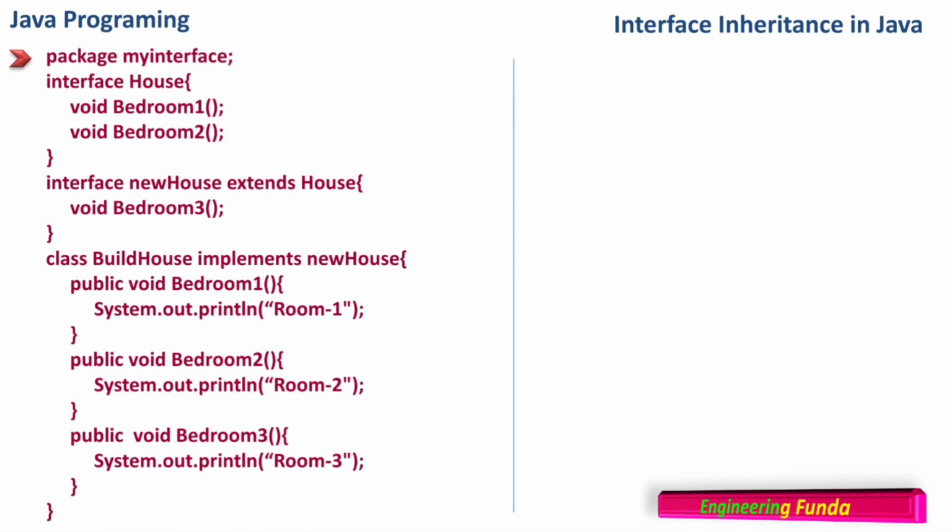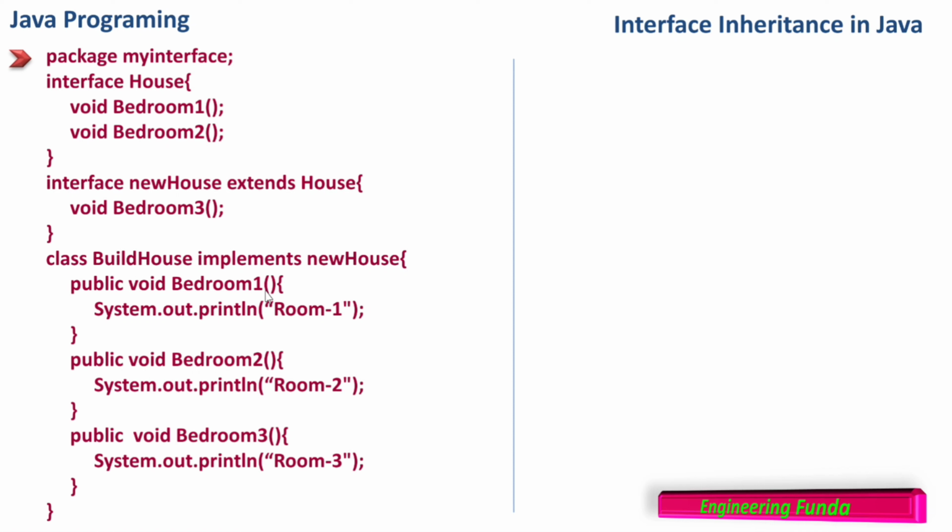So here is the detailed example. Package myinterface, with interface House, which has bedroom 1 and bedroom 2. Then we have interface NewHouse extends House. This interface extends the first interface House, and it has its own method bedroom 3 also. The class BuildHouse implements NewHouse. That means NewHouse will now be implemented in the class BuildHouse.